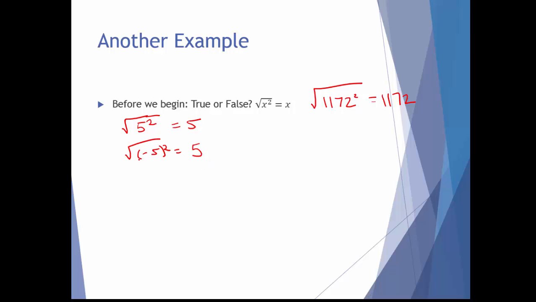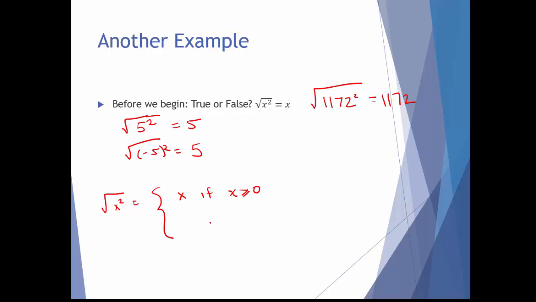Now, what was the difference between the negative 5 compared to the other two examples? Well, it's negative. So it turns out that the square root of x squared is actually equal to one of two things. Sometimes the square root of x squared will be equal to x. If your input was positive to begin with, then you're going to get that input directly back out. So by positive, we mean greater than or equal to 0.